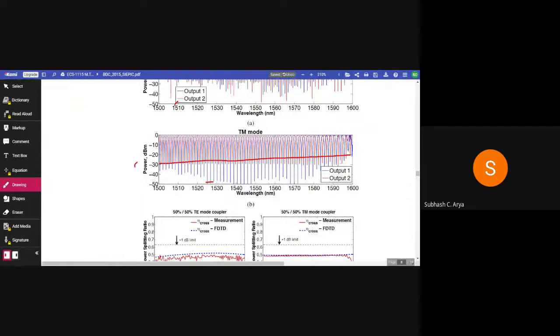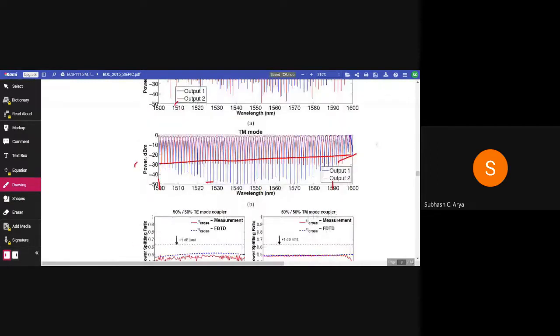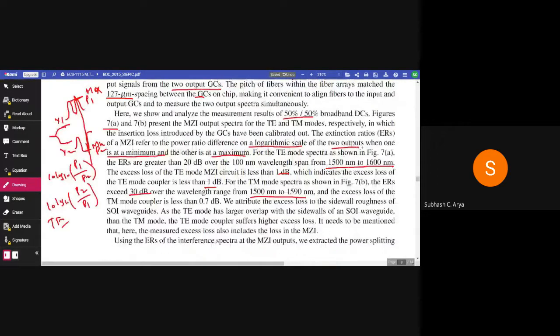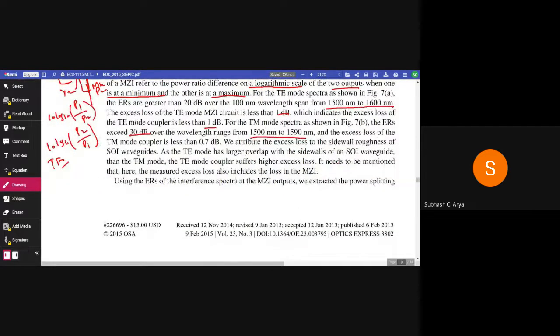It is less here, from here to here, however, for this, all are coming. This is the observation. And the excess loss of the TM mode coupler is less than 0.7 dB. We attribute the excess loss to the sidewall roughness of the SOI waveguide.